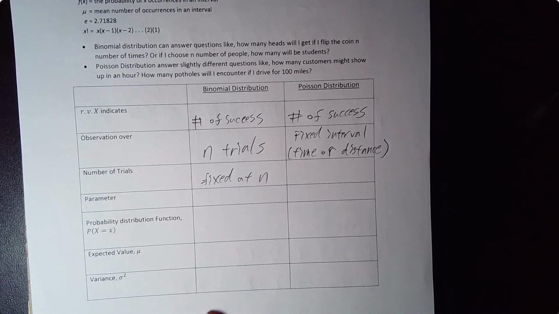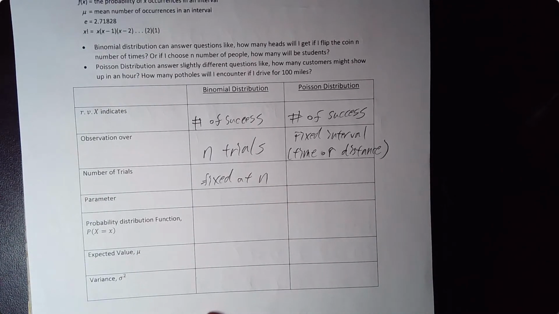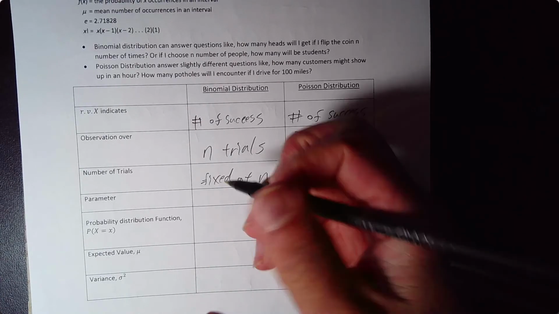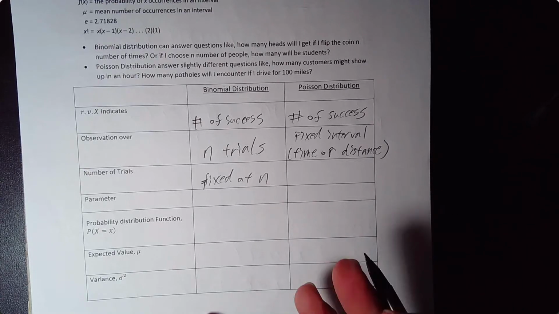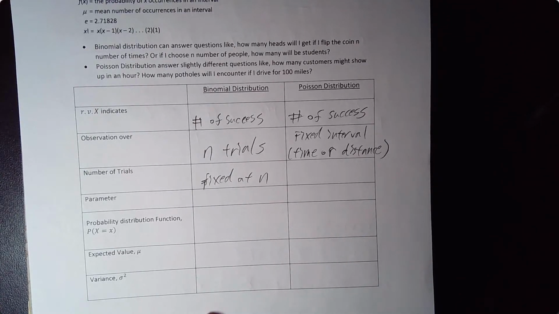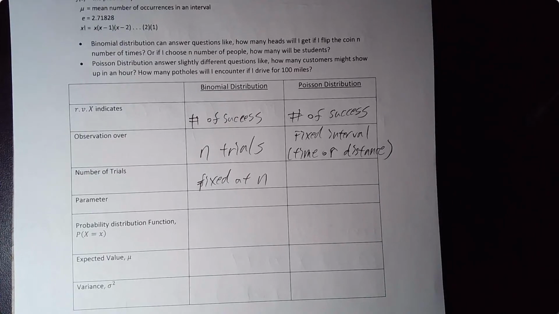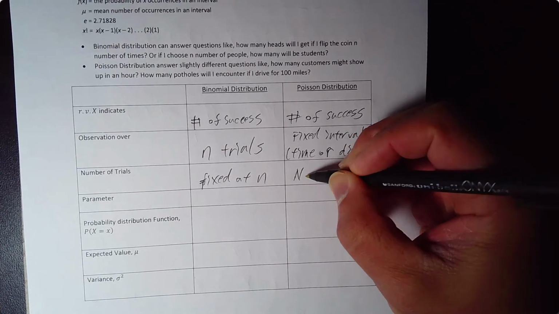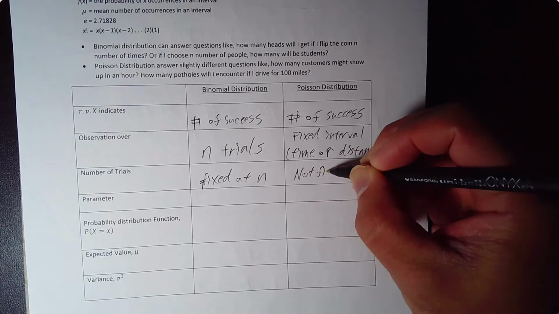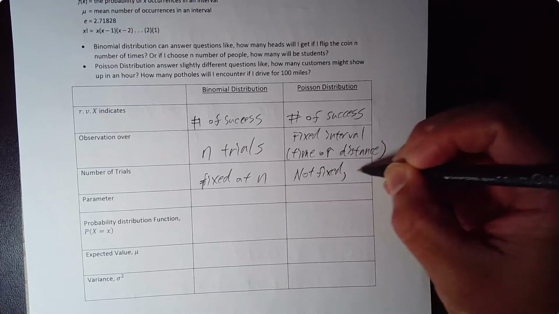So in those 10 trials, I'm going to observe how many times I get a head or a tail. But for a Poisson distribution, I don't have a set number of trials because I'm just sitting there over this period of time or going along this distance, and so the number of trials is not fixed. In fact, it is infinity.